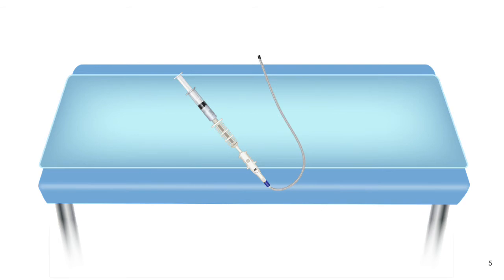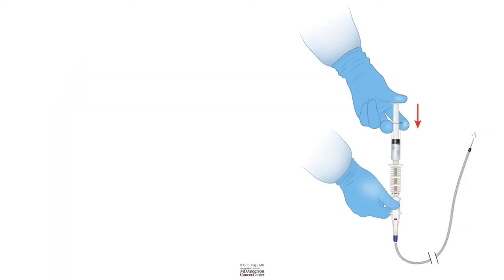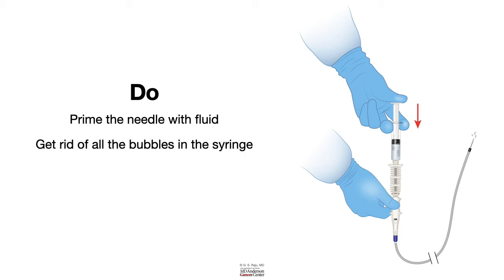So once you have your syringe and you have your injection catheter, I want you to practice the following. You fill your syringe and get rid of the bubbles, and then use that syringe filled with solution to prime the needle.